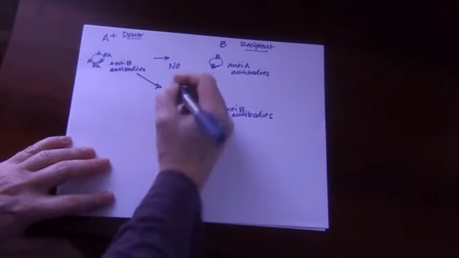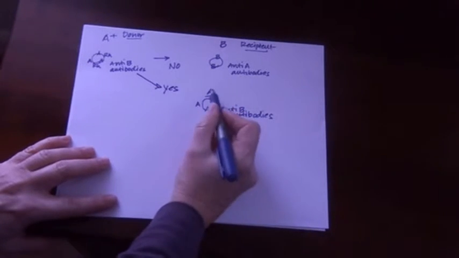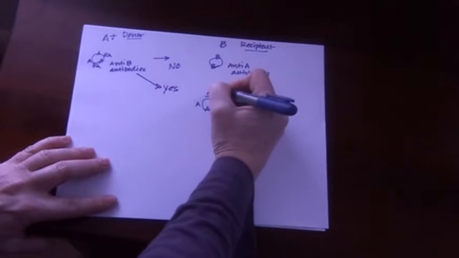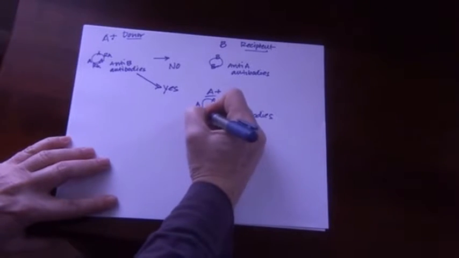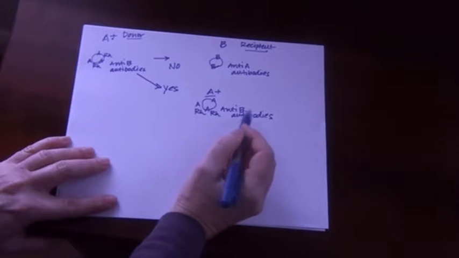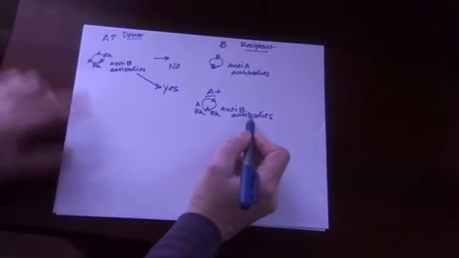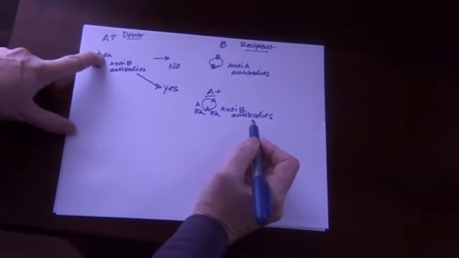So this would be a yes, but we also have to figure out, can type A positive blood donate to A positive? So this blood would have the Rh factor on the red blood cell as well, and we think yes, it does, because it does not have antibodies against the Rh factor on the donor blood.